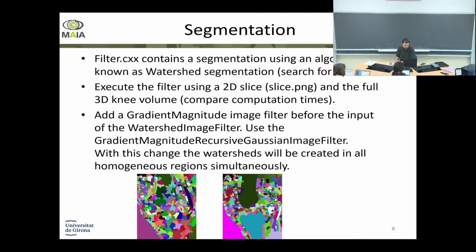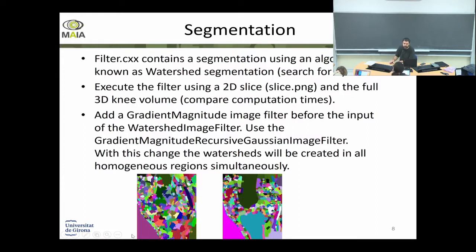So the idea is to execute the filter using a 2D slice, the slice of the knee I was talking about, and then the full 3D knee volume. Again, compare computational times between 2D images and 3D images. You'll see hopefully a large difference. And then the results you will have will look something like this for a slice.